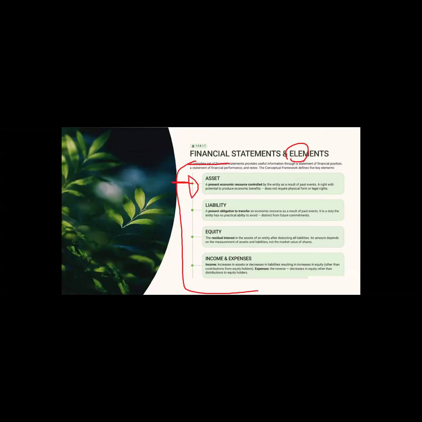What is an asset actually? It is the resources you have. If they ask you to define the term asset, you should know the characteristics. You have to define the asset with all those characteristics.